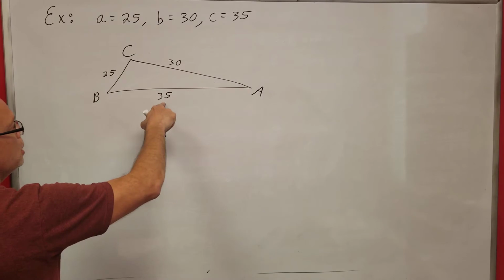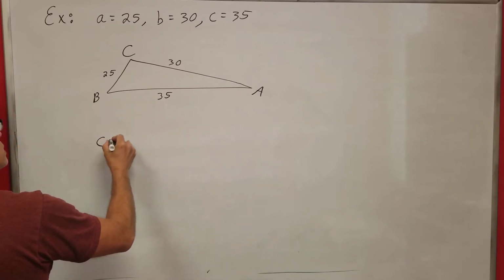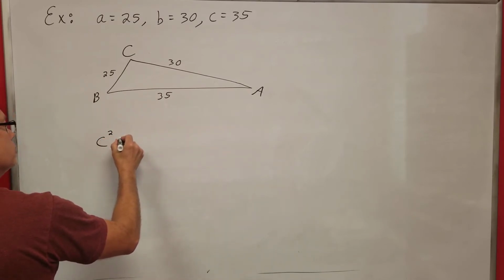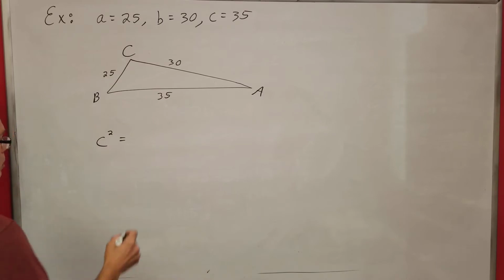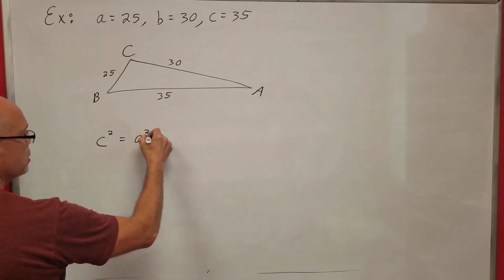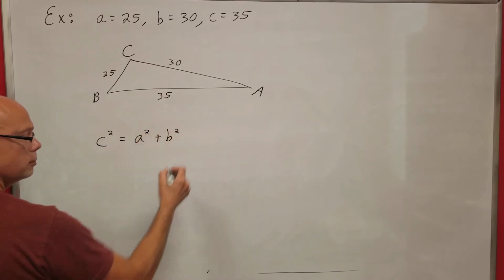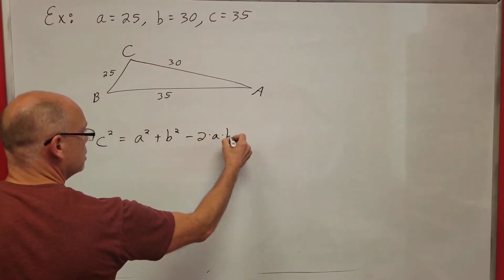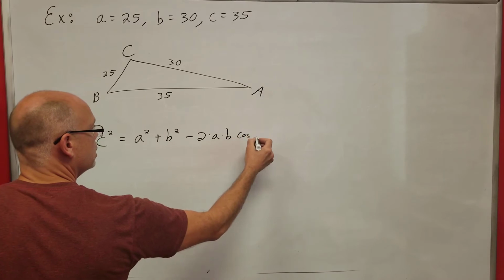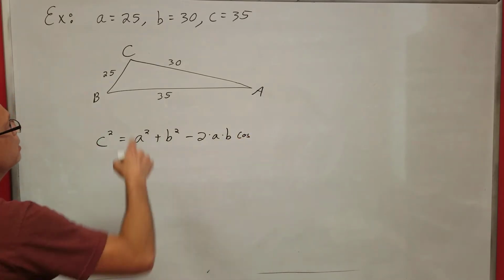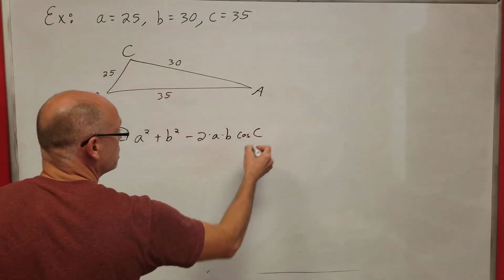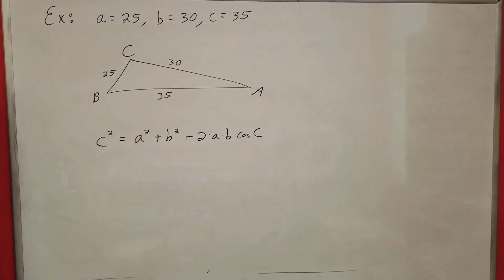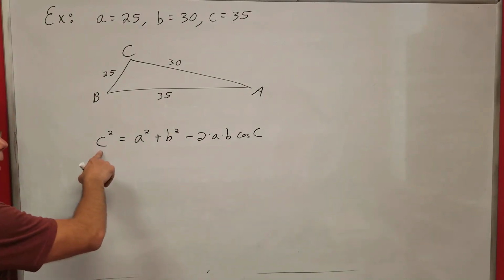Now, what I'm going to use is side C squared is equal to the other two sides squared, added together, minus 2 times the other two sides, times the cosine of that included angle, or the angle I'm looking for, I should say, cosine of C. All right, well, I know what lowercase c is.